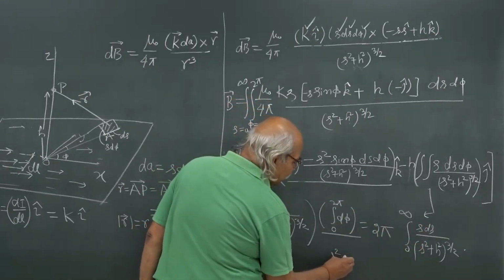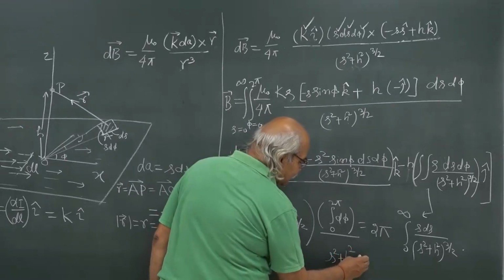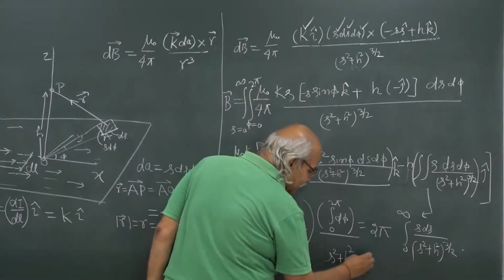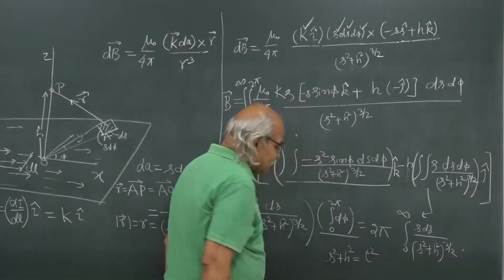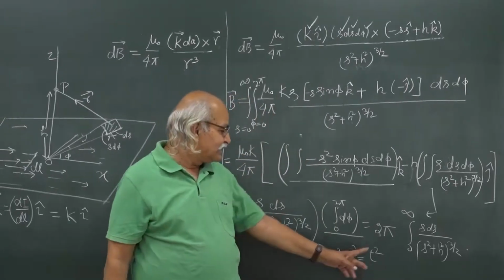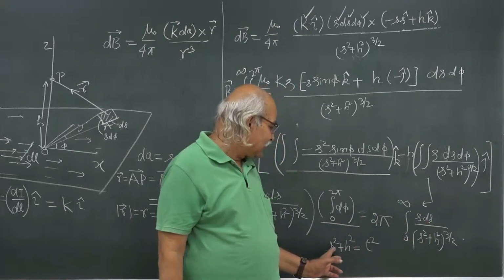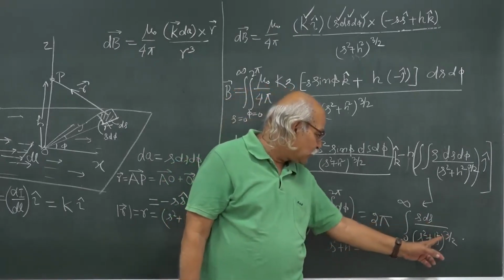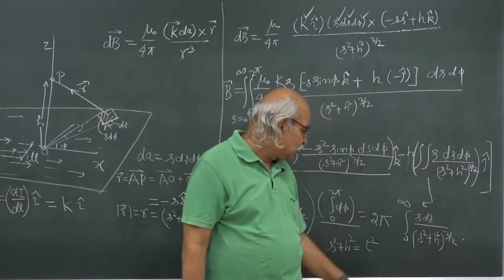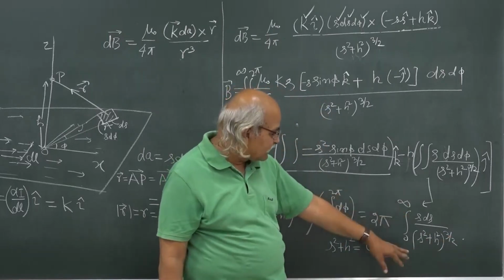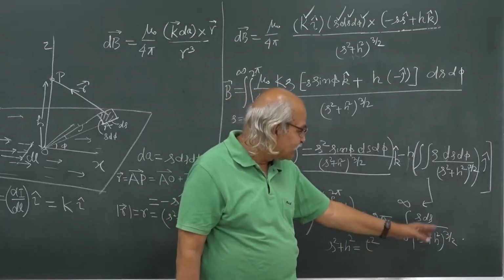Substitute S square plus H square as, let us say, t square. Then S ds will be t dt, and the denominator will be t cube. So, you will have 1 by t square dt.